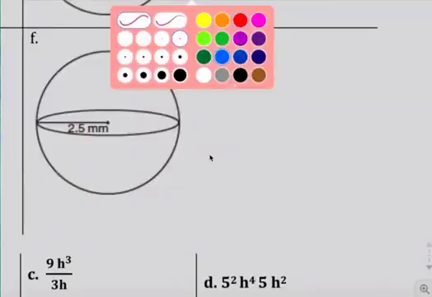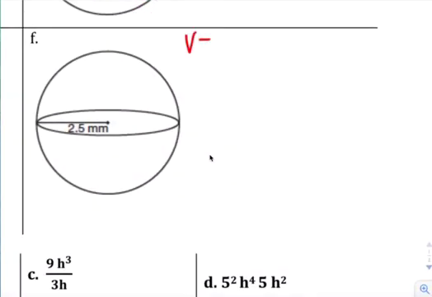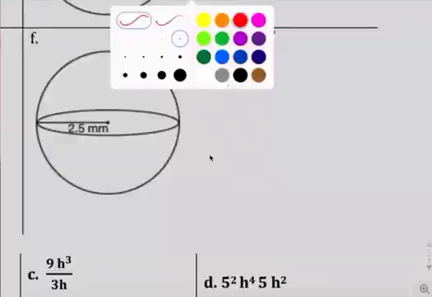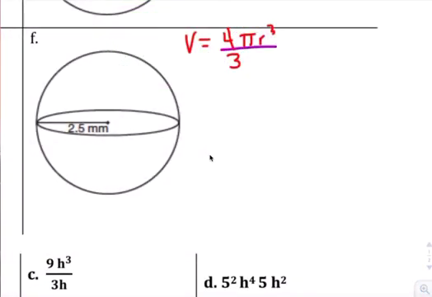So volume is equal to 4 over 3 pi r cubed, because it's divided by 3. You leave it like that.